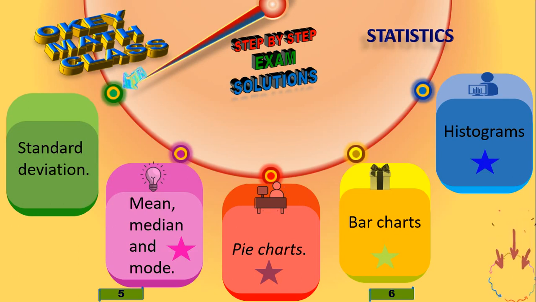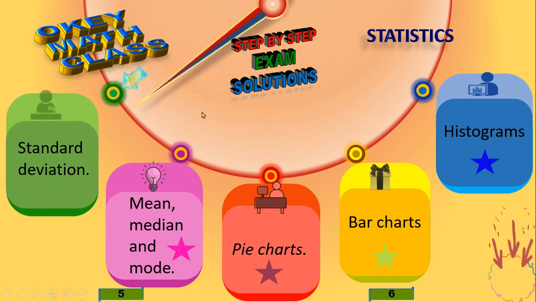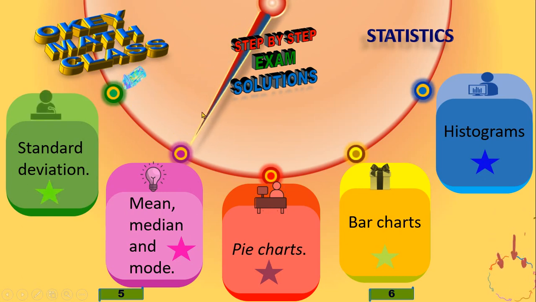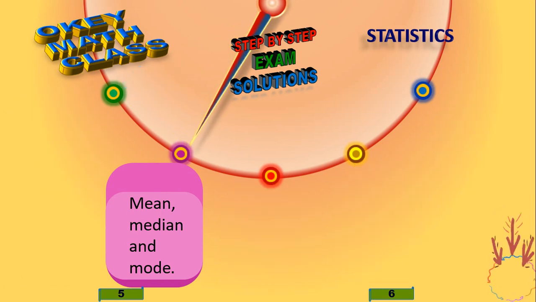The next video after the series of videos on mean, median, and mode will be calculation of standard deviation and mean deviation. In this present video, we'll be dealing with calculation of mean, median, and mode for group data.